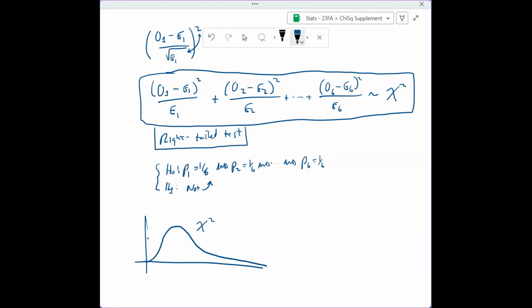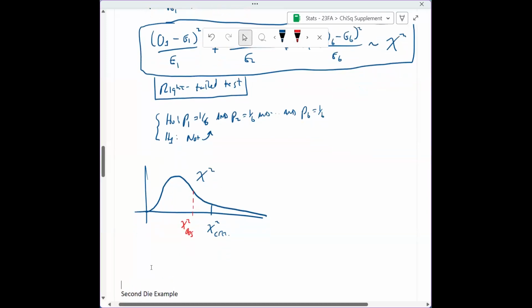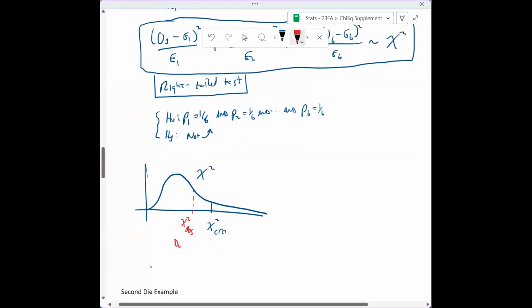There's chi-squared. And remember, what is the idea? The idea is that I compute a chi-squared critical, a critical number, or look up a critical number, I suppose. I compute chi-squared observed. If chi-squared observed is less than chi-squared critical, this is a right tail test, then we do not reject H0. We don't have a big enough deviation between the two distributions to conclude the die is unfair.